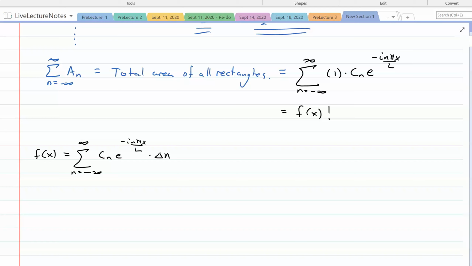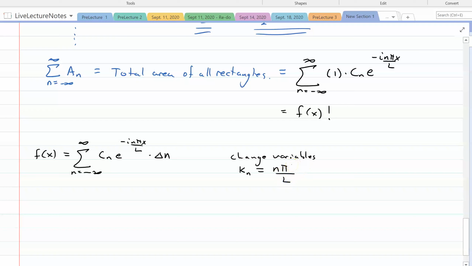And now I'm going to make a change of variable. So I'm going to change variables to k. Let's call it k sub n is equal to n pi over L.